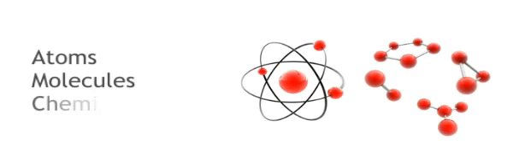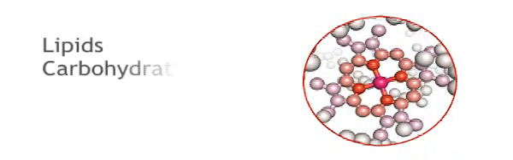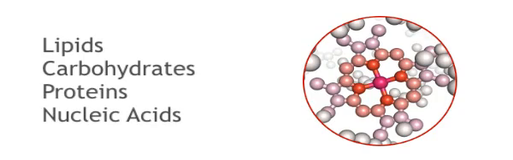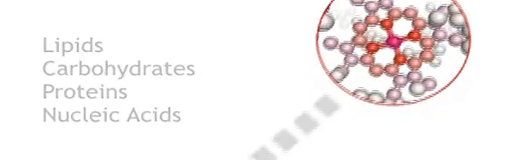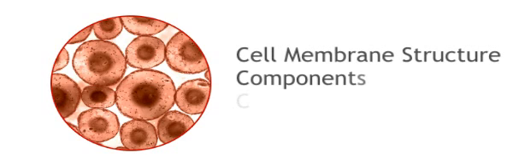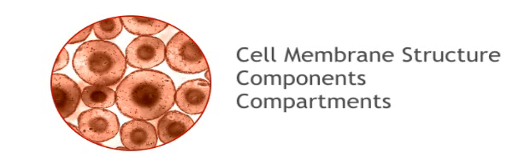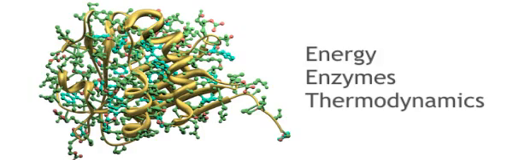We start out talking about atoms, molecules, and chemical bonds, and move on to biological molecules like lipids, carbohydrates, proteins, and nucleic acids. We spend some time on cells, cell membrane structure, and all of the various components and compartments that cells possess. This leads us to a discussion of energy, enzymes, and the laws of thermodynamics.